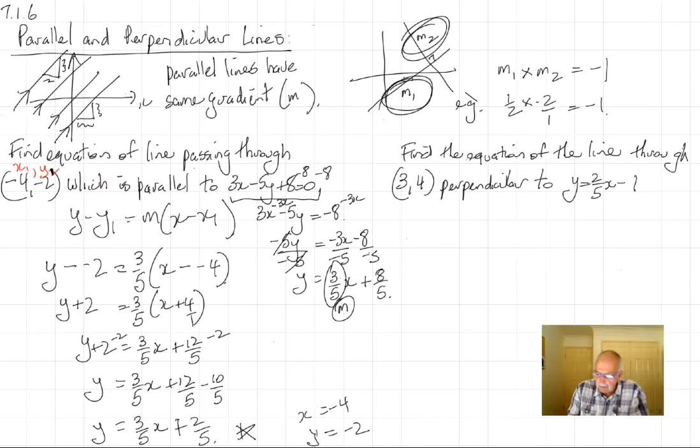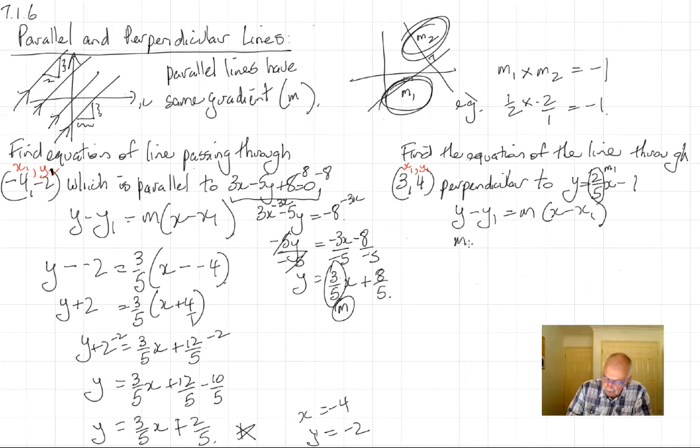Find the equation of the line through that perpendicular to that. Now once again we start with y minus y1 equals m outside of x minus x1. We have a point on our new line, so this is my x1, y1. And we know this line has a gradient of 2 over 5.